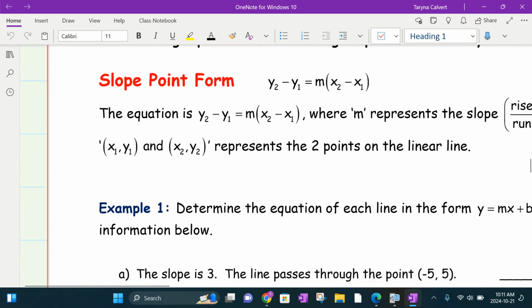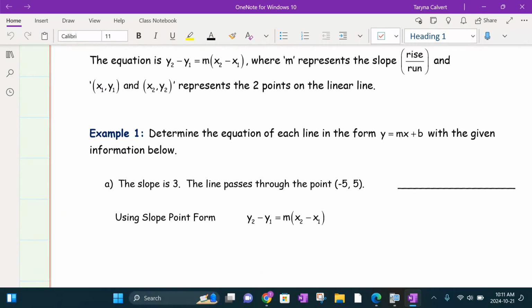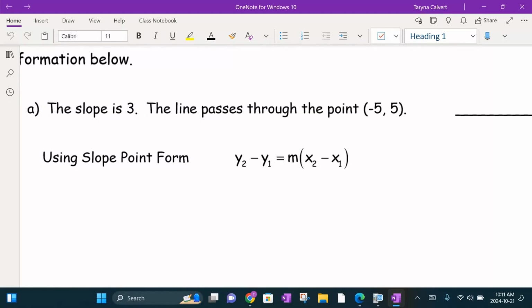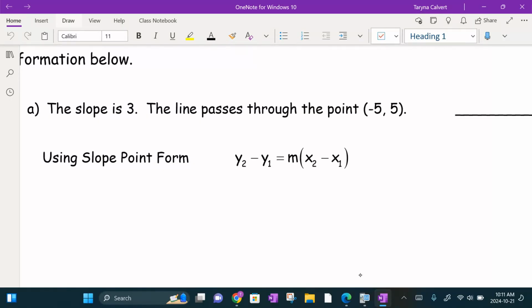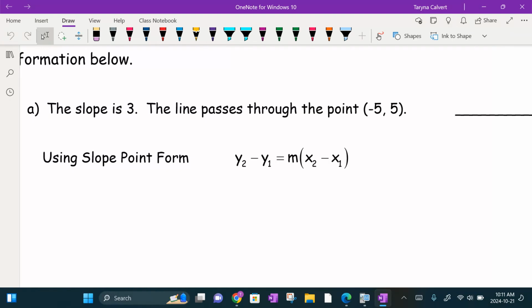So here it says determine the equation of each line in the y equals mx plus b form. Regardless of which method you use, are we still going to end up with the same answer? Yes, in the end we're still going to end up with an equation of a line in y equals mx plus b form, the same answer regardless of the method. So if I say the slope is 3 and the line passes through the point (-5, 5), how we can do this using this formula instead of the other one is just substitute everything in.